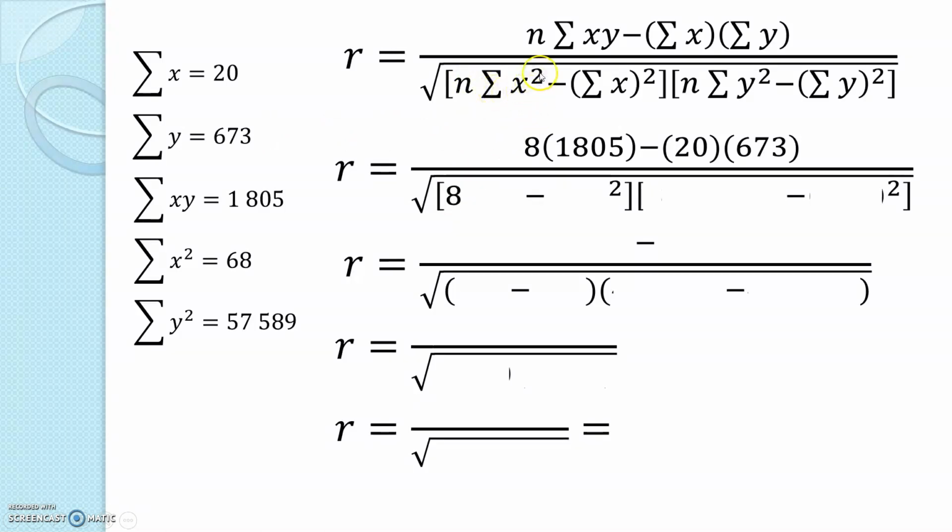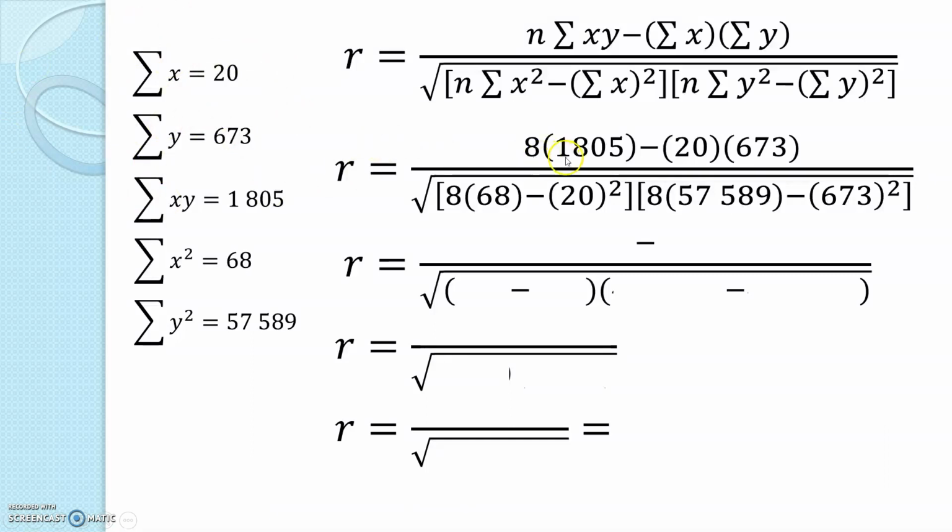Then the summation of x squared is 68, and the summation of x is 20. We also have n here equal to 8. Then the summation of y squared is 57,589, and the summation of y is 673. So now let's start solving this.